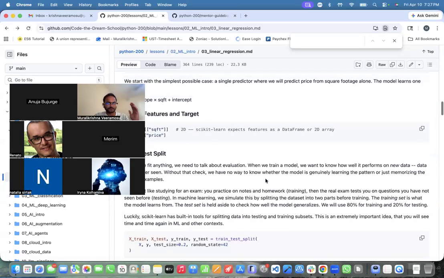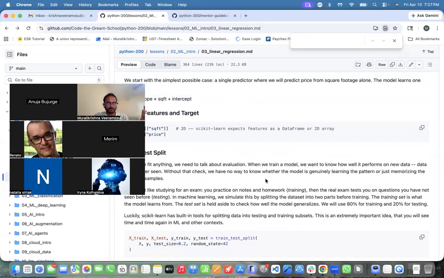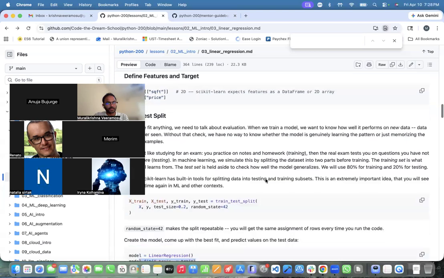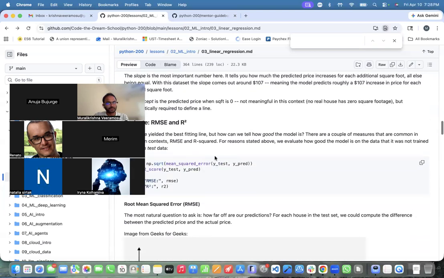All good. We have the data, we split the data, then we fit the data on the model, then we predict after the model is trained. But how do we know if the model is trained really well or not? We need to evaluate the model, right? In order to evaluate the model, we have this parameter called root mean squared error.